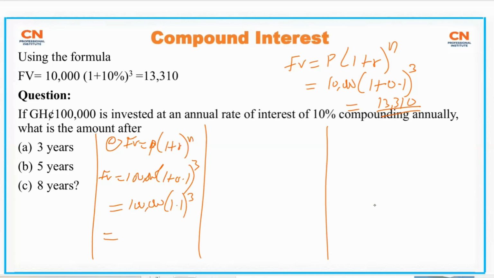On your calculator, you punch 1.1 first, then raise it to the power 3, and when you get the answer, you multiply it by 100,000. That should give you 133,100.